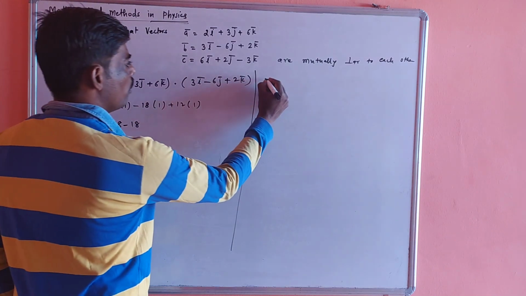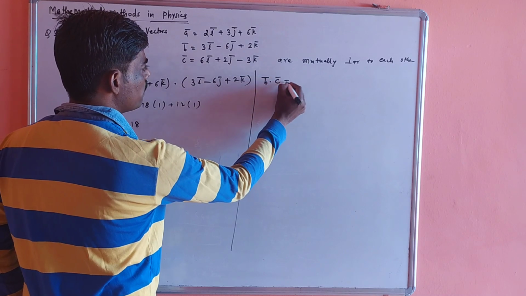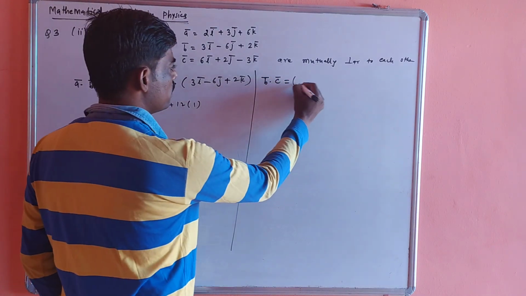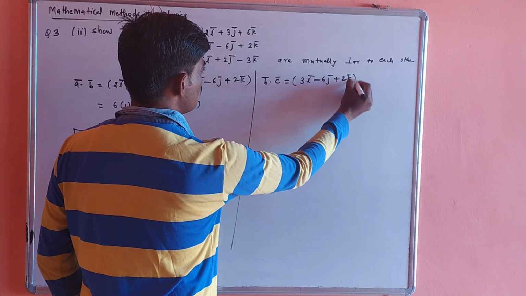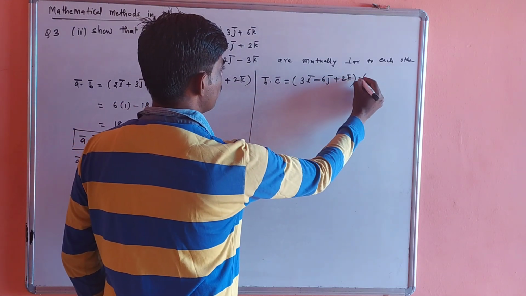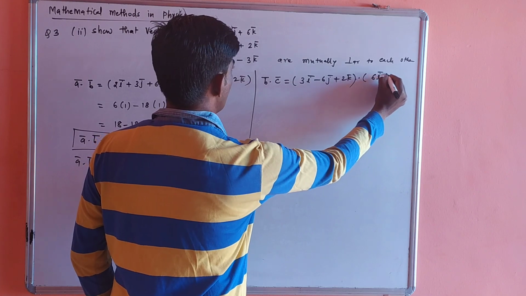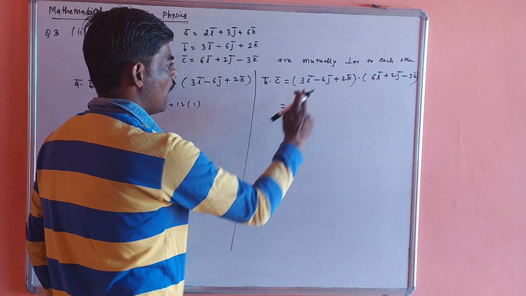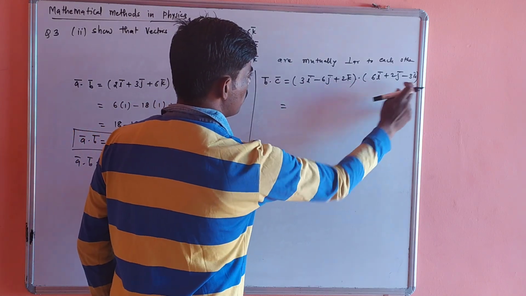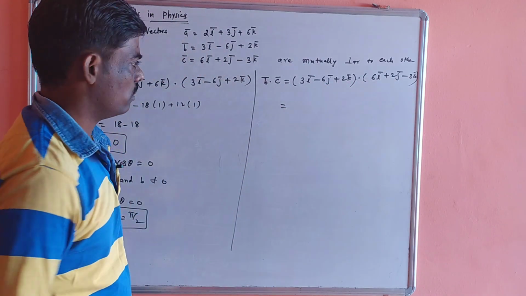Then second one, vector B dot vector C. Again solve by the same method, 3i minus 6j plus 2k dot 6i plus 2j minus 3k. i dot i, j dot j, k dot k, these terms are 1.